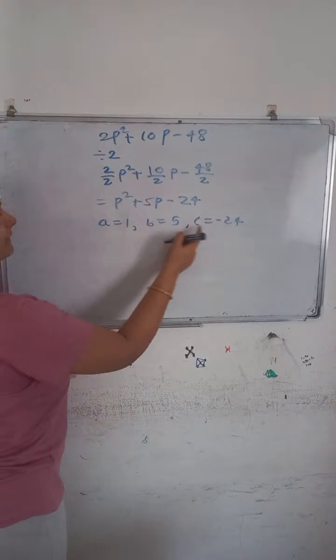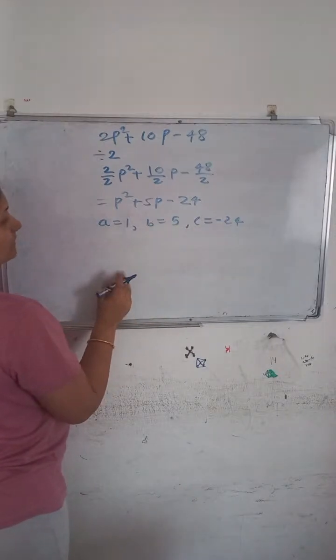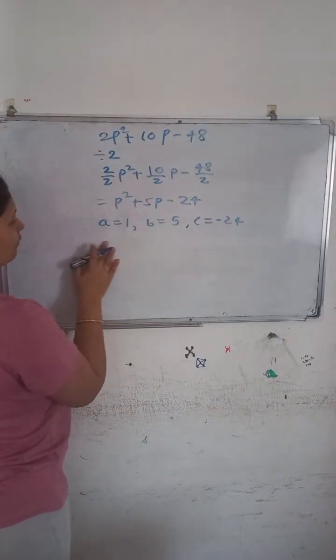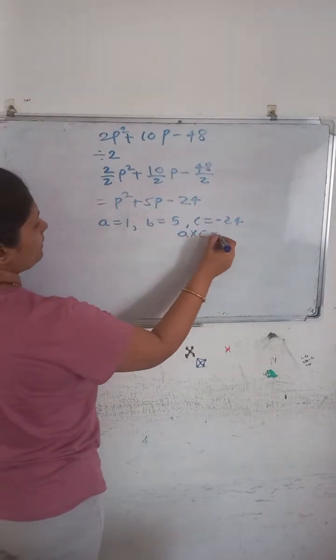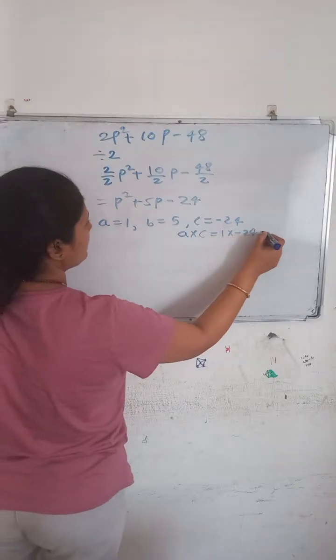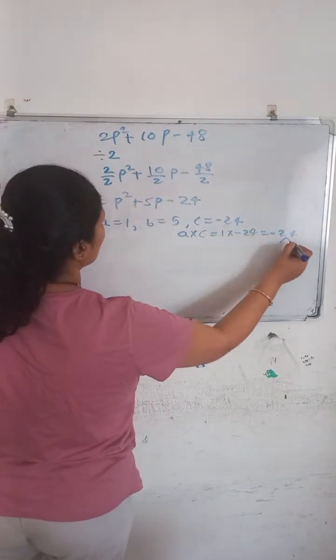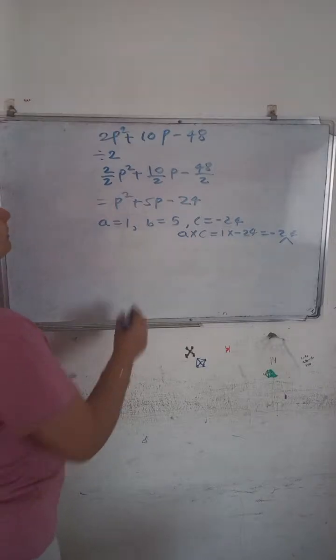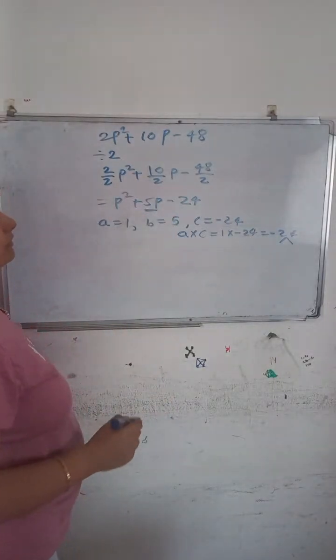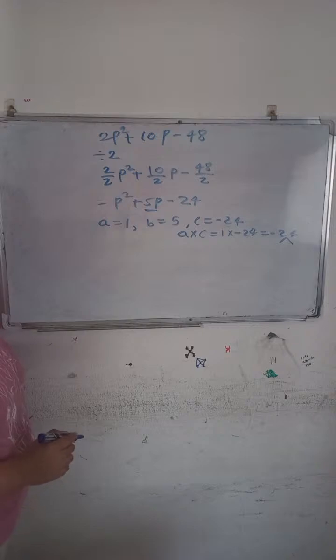So once you get this, then we can go for a into c. 1 into minus 24 is equal to minus 24, and we have to split minus 24 so that the addition gives 5. So what will you get, check.